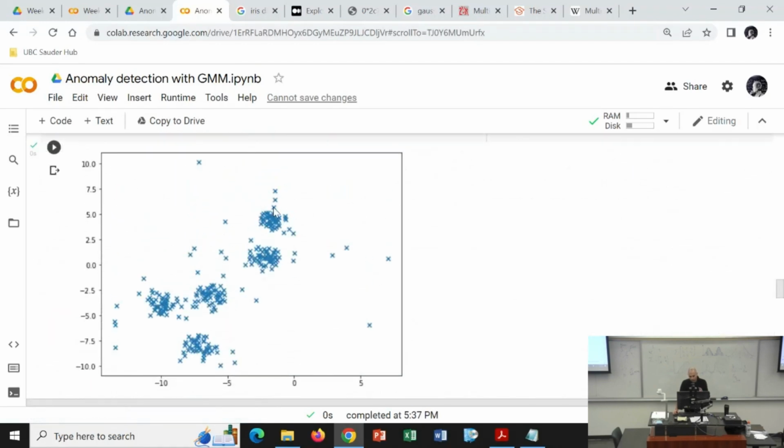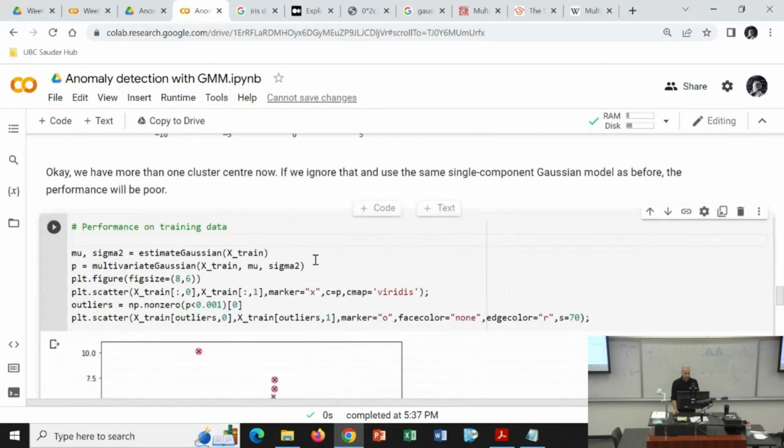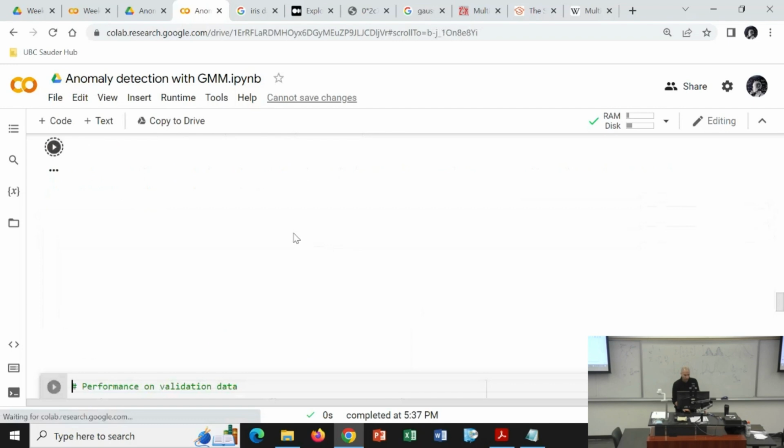Again, here, as we know that we created the data with 5 clusters, it's obvious that we should fit 5 of these curves to it, right? But first, naively, I'm going to just fit 1 Gaussian distribution and see how it works.